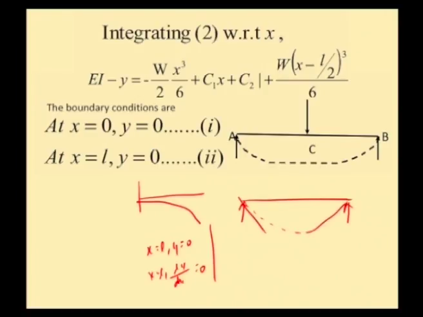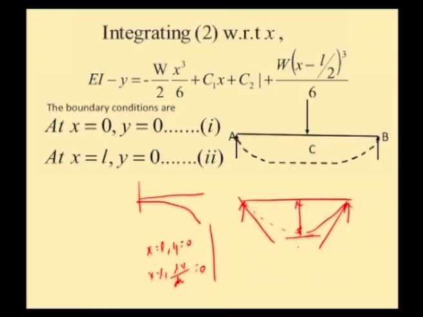It will have some slope at A, it will have some slope at B, and somewhere the slope is 0. The deflection will be maximum at the center in case of symmetrically loaded beams, somewhere where the slope is 0.